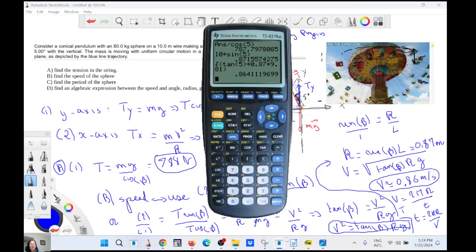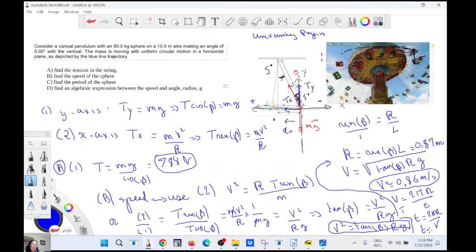If I take my calculator, that's 2 times pi times r, which is 0.87. So that will be the distance around. Divide by the speed, 0.86. You get about 6.35 seconds, about 6 seconds to go around.